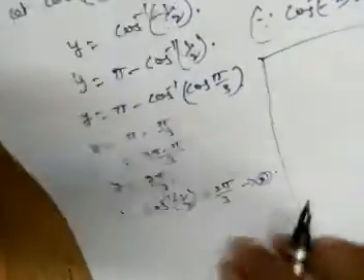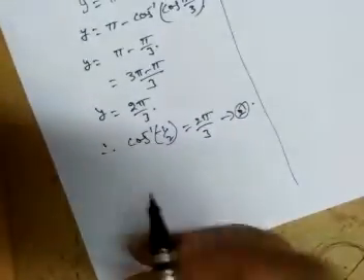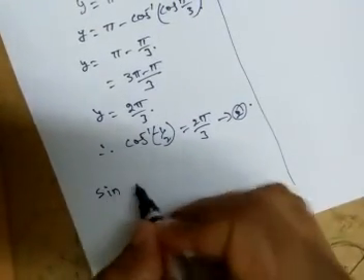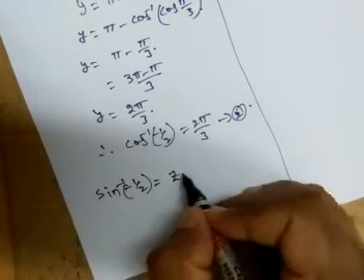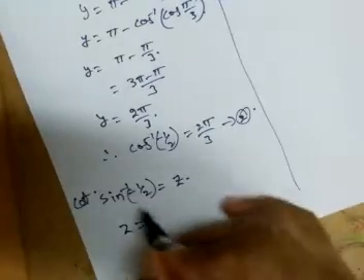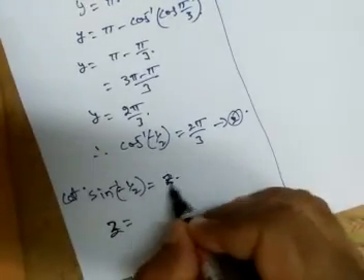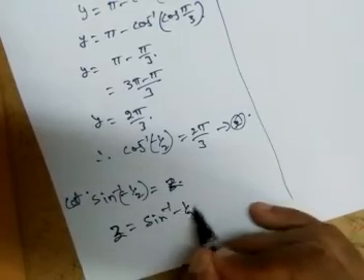Now we take the third term, that is sin inverse of minus 1 by 2. Assume that is z, then z equals sin inverse of minus 1 by 2.